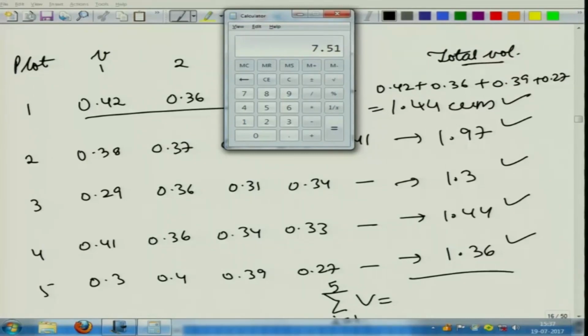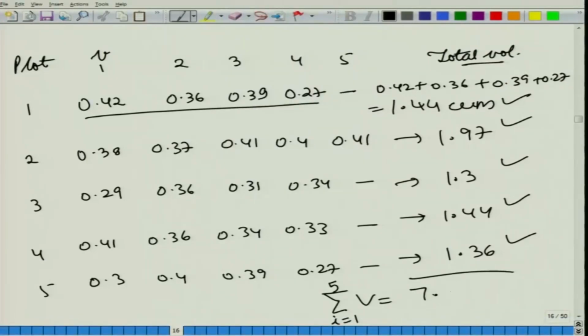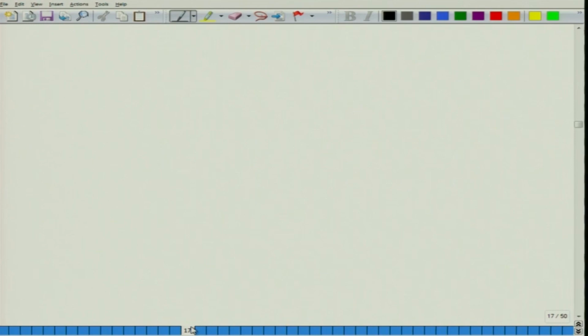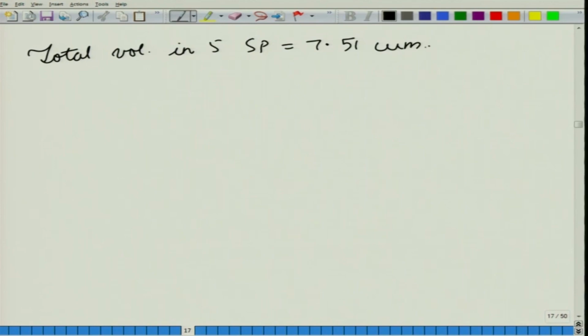That is 7.51 cubic meter. So, the total volume in 5 sample plots is 7.51 cubic meter.